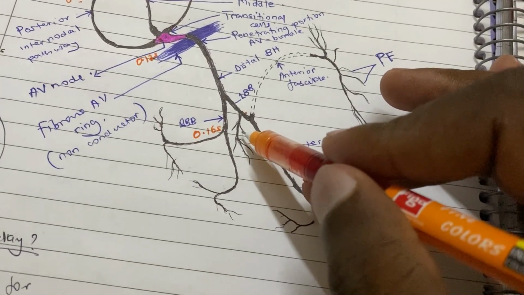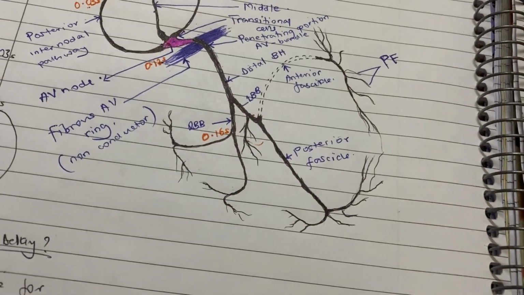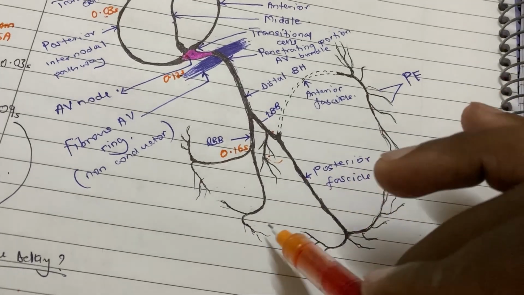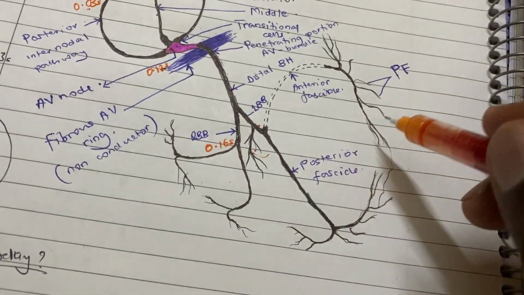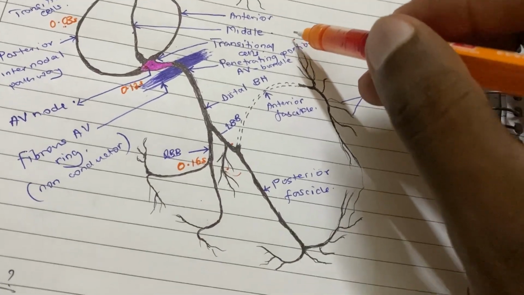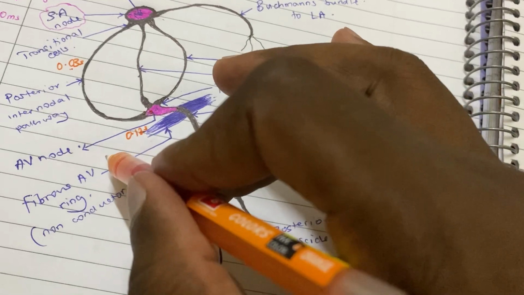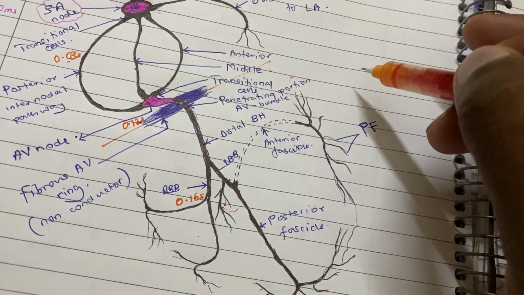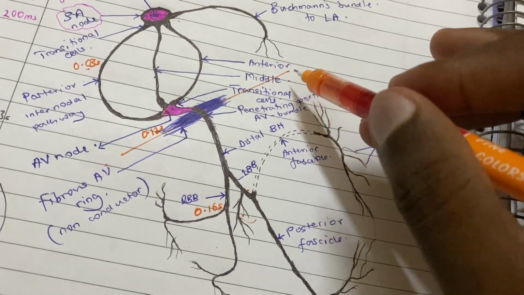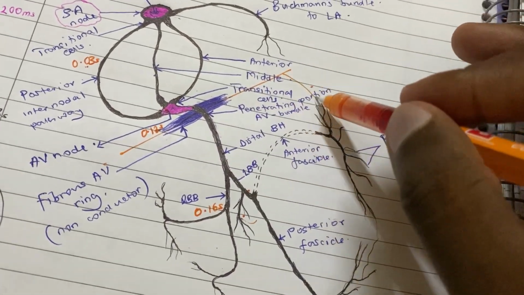So ventricular depolarization happens in 3 stages: septal depolarization, free wall depolarization, and then depolarization of the basal parts. What are the basal parts? They are the atrioventricular groove, and then this is the ventricular free wall.